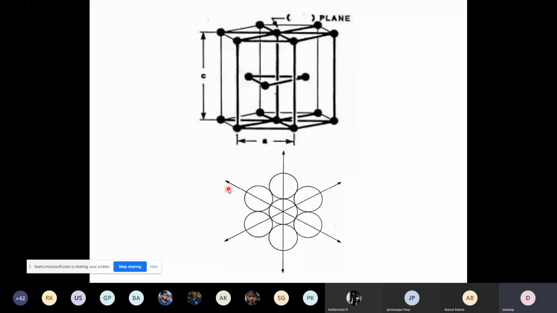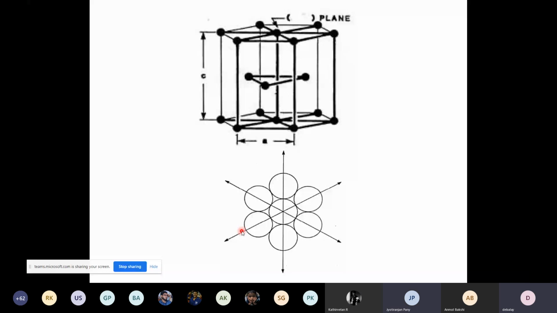you can see the arrows, right? You can see the arrows drawn on the basal plane. There are 3 double-headed arrows. Can you see the slide? Yes, sir.